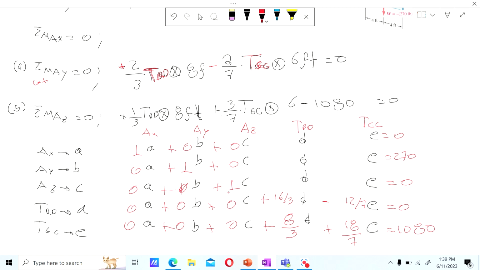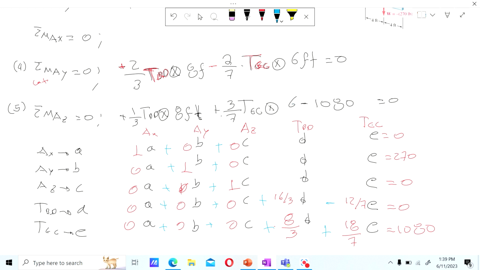We don't want to get confused, so let's do the signs with another color. We decided to have AX, AY, and AZ positive, so that's why we have all that. Equation 5 tells us that this is positive and that is positive. Equation 4 tells us that this is positive, 16 over 3, and this is negative.